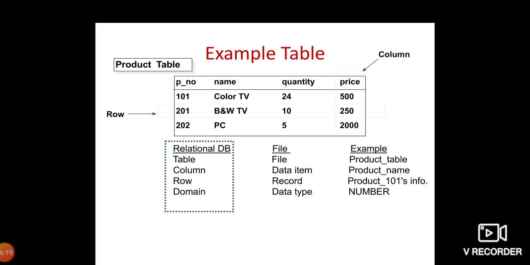Here the primary key is the product number, because there's no duplicate. If there is any duplicate, you cannot use it, because through that particular product number only you're going to identify that particular record. So this product number will become the primary key, so that you can identify each record using that product number.